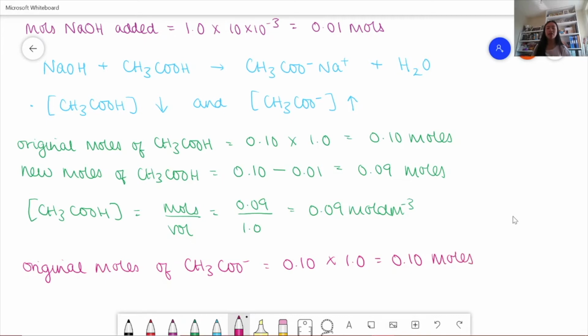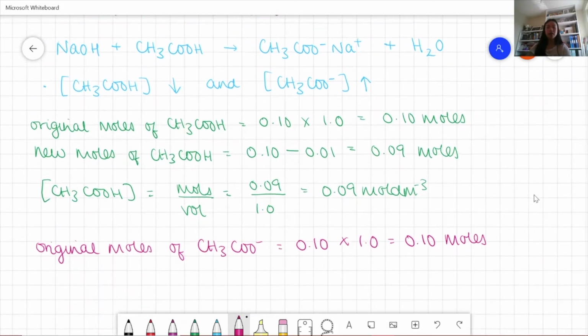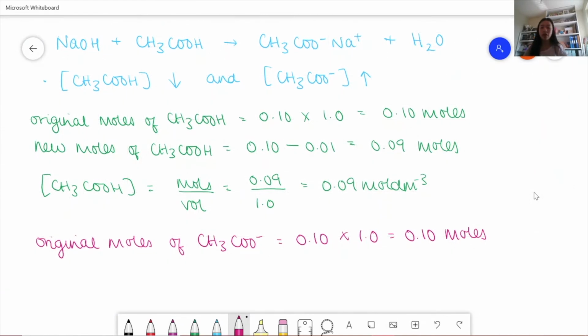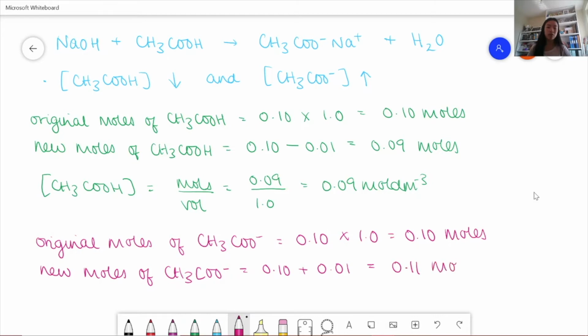And now again we think back to the blue equation, and we know that this concentration of the ethanoate ion will increase from original to new. So that means that the moles will increase. And so we can work out the new moles of ethanoate. And this will be equal to the original moles plus the sodium hydroxide which has been added, which is the 0.01. And so this gives us 0.11 moles.